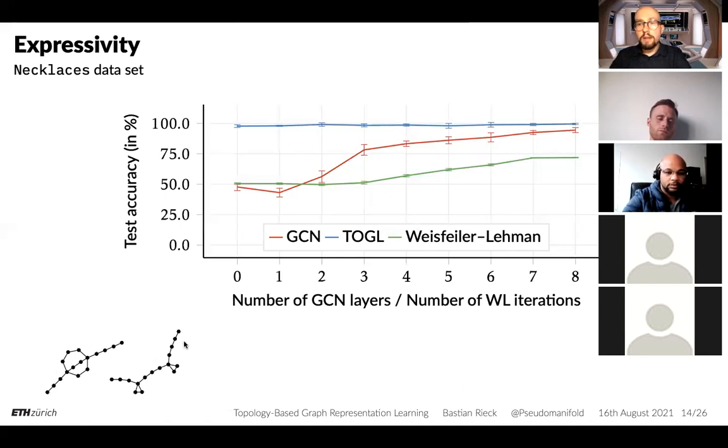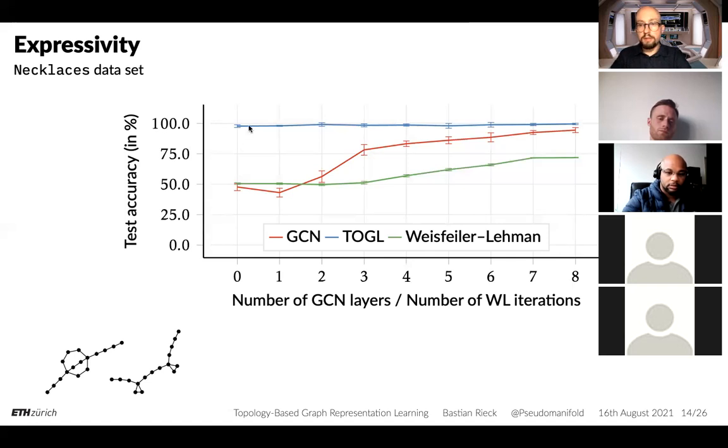When we take a look at the predictive performance with some architectures here, we can see that a GCN architecture requires quite a considerable number of layers to approach useful predictive performance. So in order to tell you whether you have this type of graph or this type of graph, you need, let's say, at least 6 layers in order to be at, let's say, 80% or 85%.